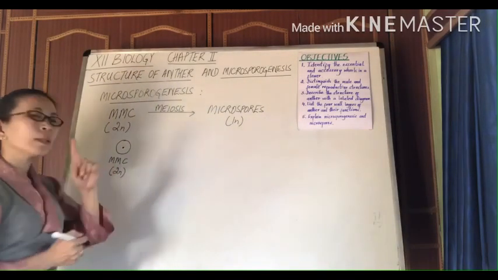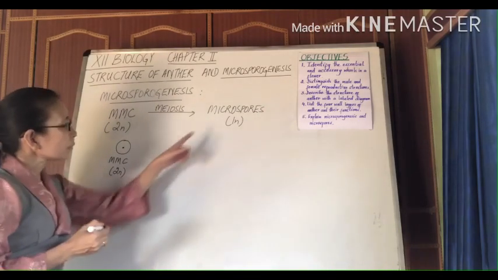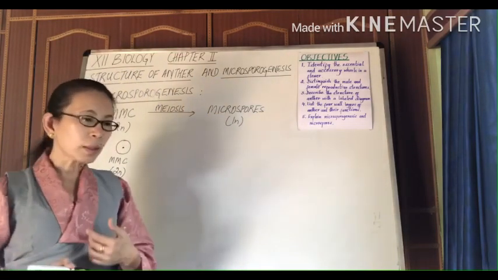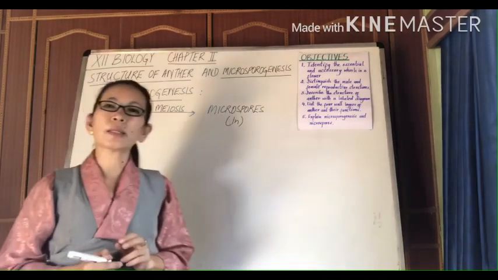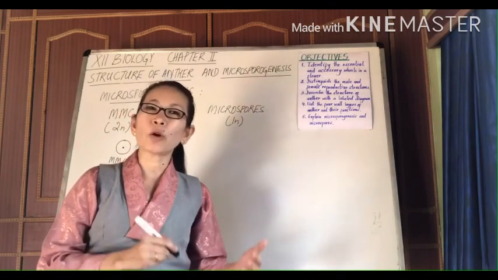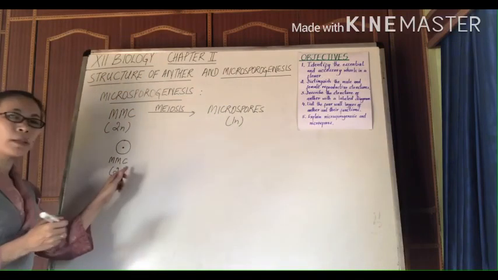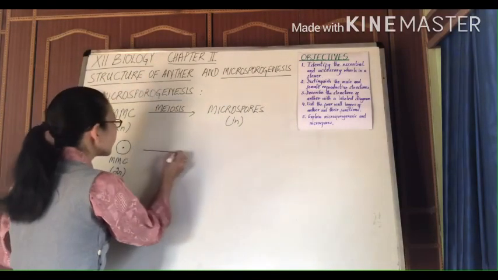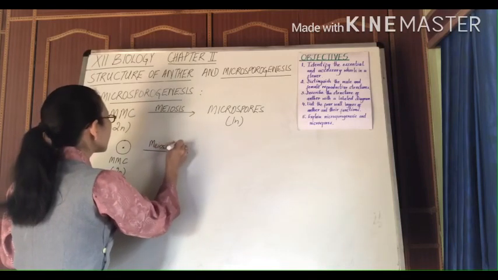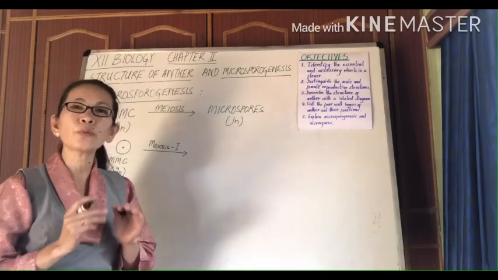So the diploid microspore mother cell would then undergo meiosis to produce microspores. But since meiosis consists of two cell divisions, right? So meiosis has meiosis 1 and meiosis 2. Now this microspore mother cell would first complete meiosis 1. And on completing meiosis 1, it would result in the production of two daughter cells.